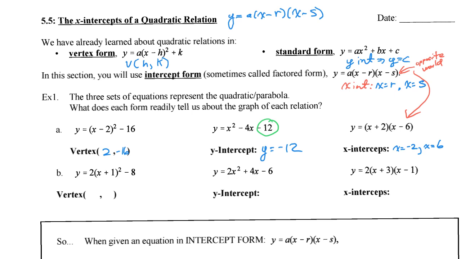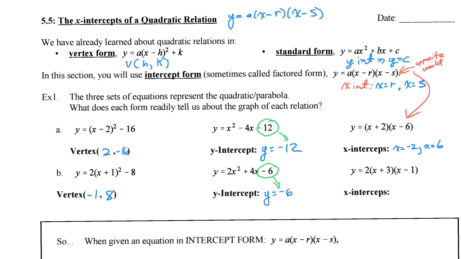So now let's do the second one here. The second set of equations is this, right? The first equation tells us that our vertex is (-1, 8), and our y-intercept is, you guessed it, the last number here. And we're going to get y = -6 for the standard equation of the line.